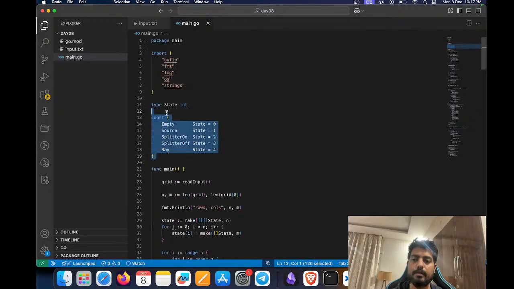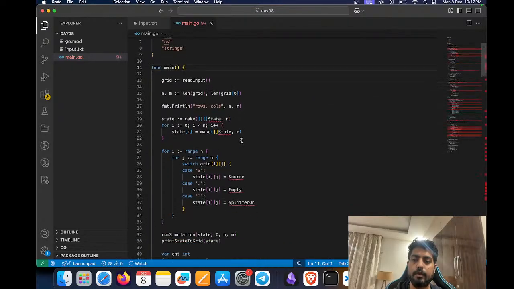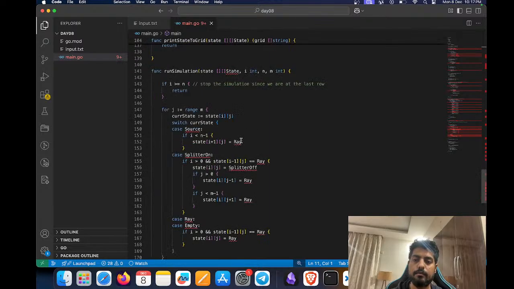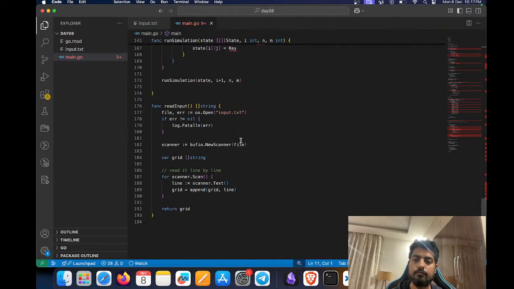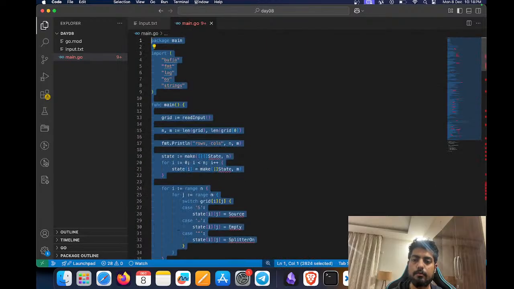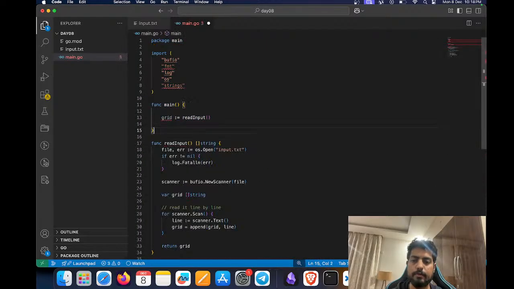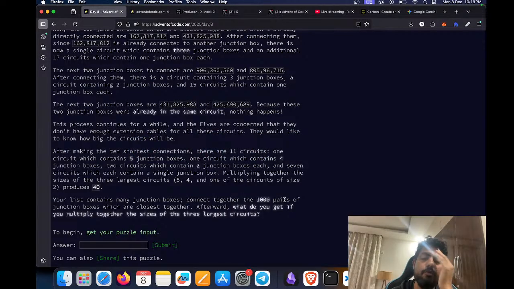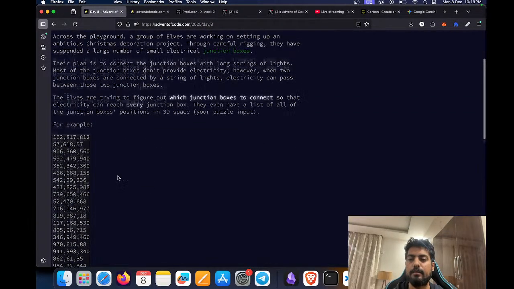I just copied this to read the input so I don't have to repeat myself again. So I'll just remove everything and I'll have this function called read input. And obviously now we have these numbers, so we need to do the number parsing again.